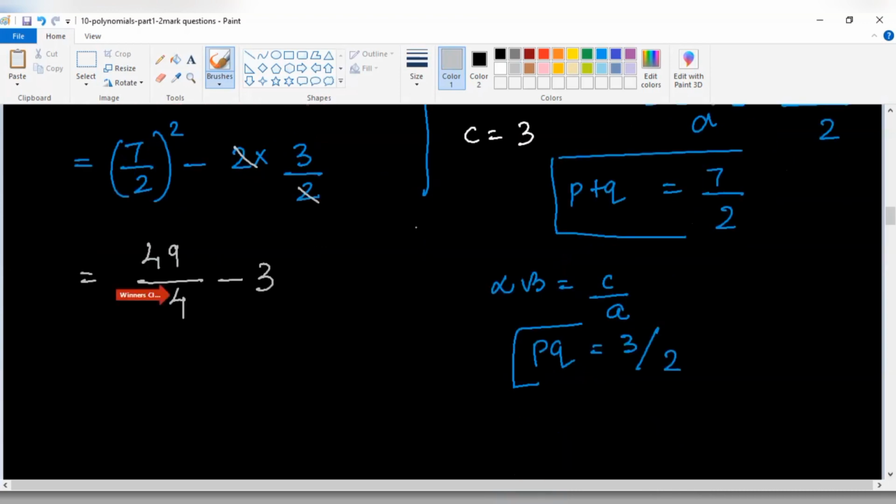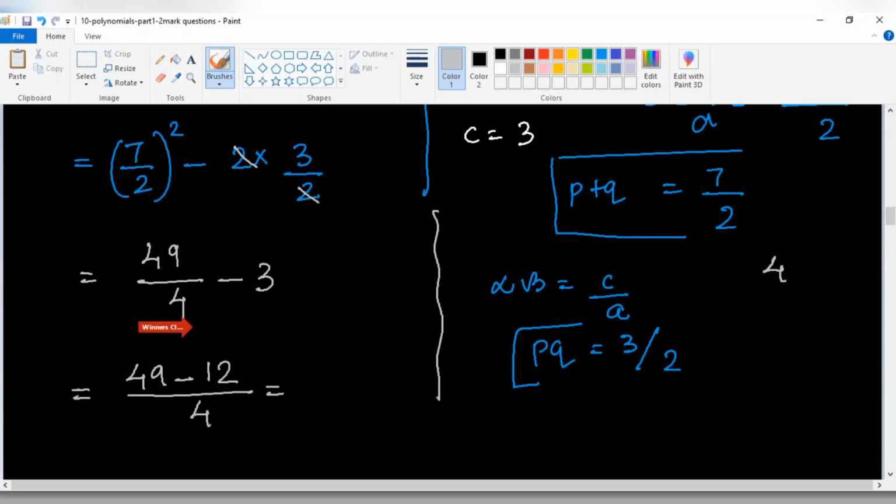Now here we have to subtract a whole number from a fraction. See here we don't have a denominator, right? So we have to cross multiply. So in the next step it is 49 minus 4 into 3, 12, divided by 4. 49 minus 12, 37 over here and 4. So 37 by 4 is the answer.